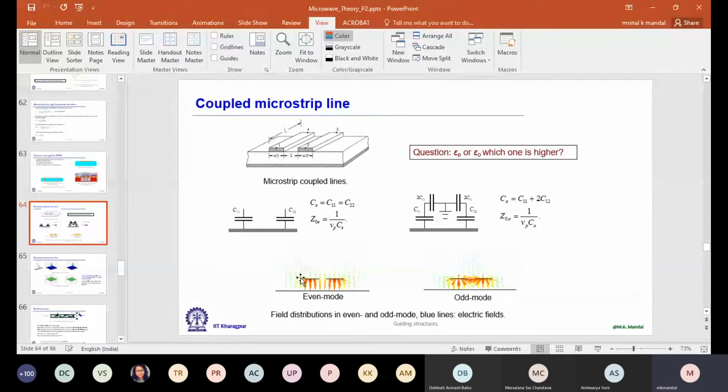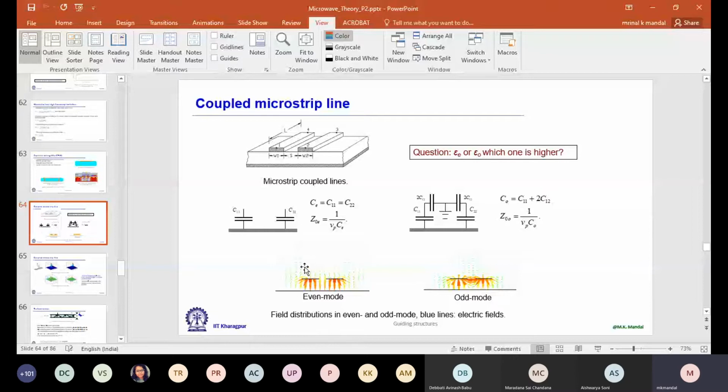And in addition to that, since epsilon E is higher, lambda G is smaller in even mode. What that means is, let's say 1 centimeter of length represents one guided wavelength at some arbitrary frequency, let's say 10 gigahertz, in the even mode.